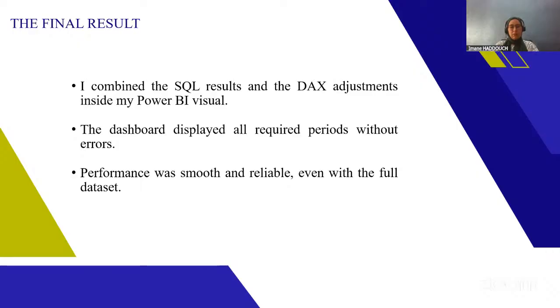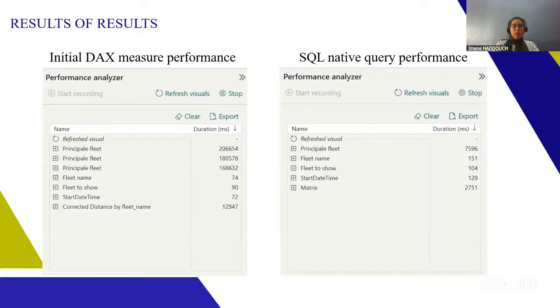So the dashboard displays all the required periods I need, and the performance was smoother and reliable even with the full dataset. In the next slide, I have some comparisons. With the performance issues while using the first DAX calculation, the visual used above 200,000 milliseconds to execute my queries in just 3 months.